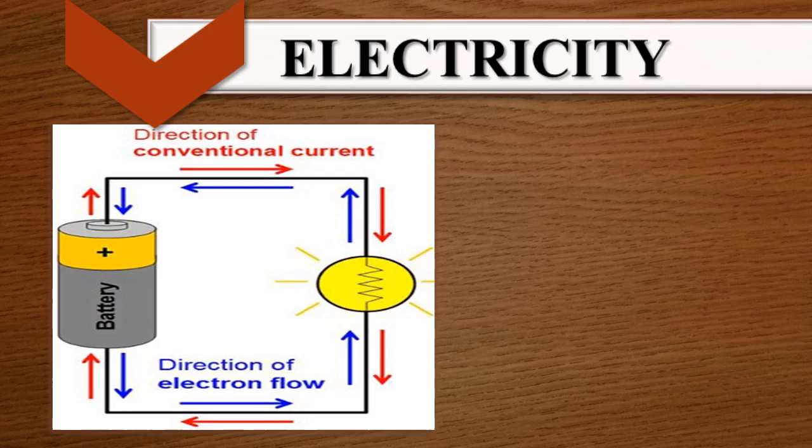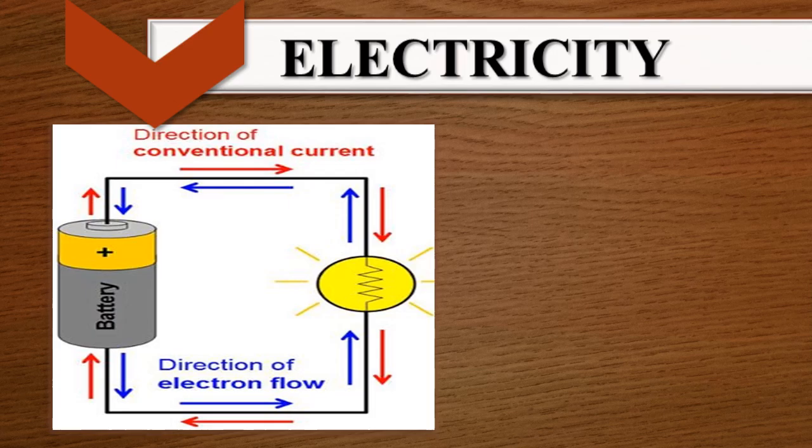That means the motion of the electrons starts from the negative side, and thus an energy is produced, and this energy acts in exactly the opposite direction of the electron flow. Electrons start to move from the negative side, but electricity starts to move from the positive side of the battery.